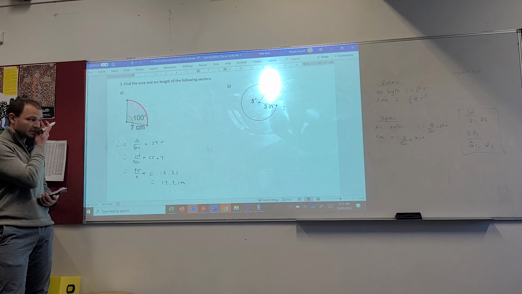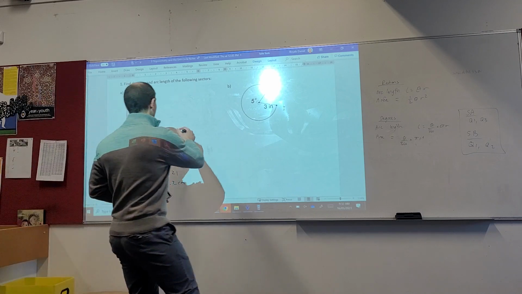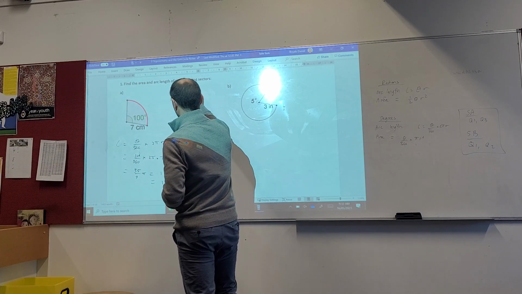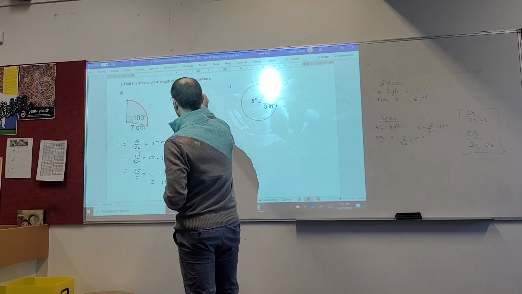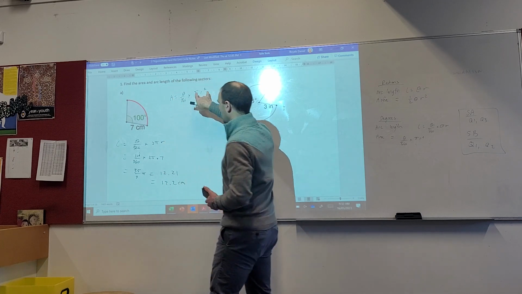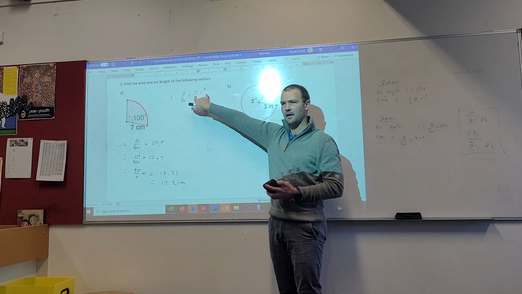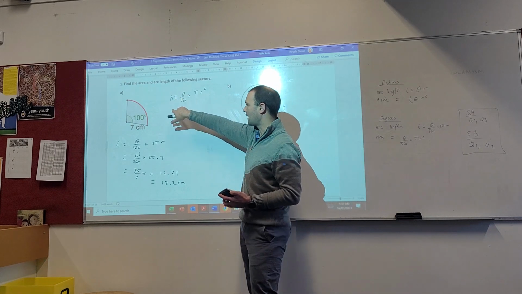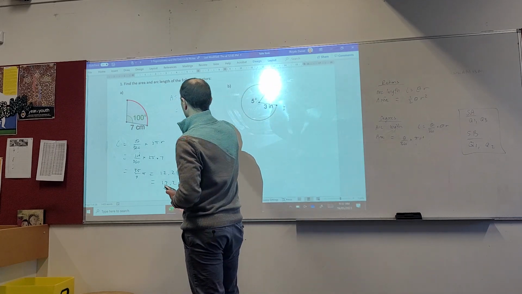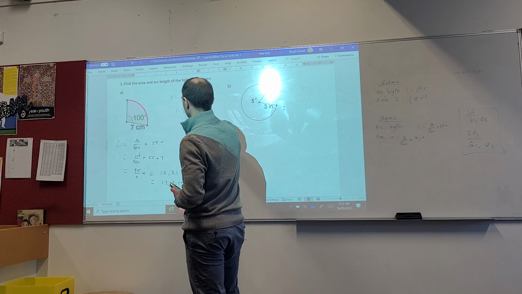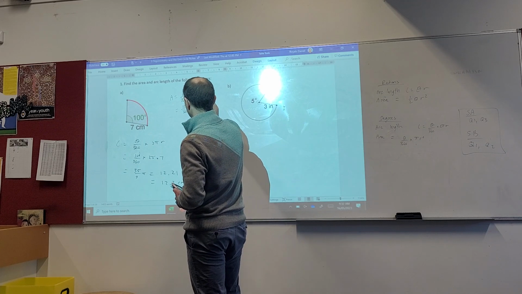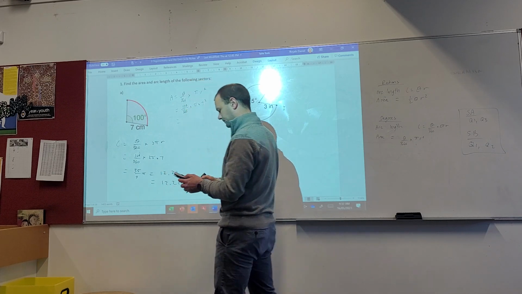Okay, let's do the area next. So the area of a sector in degrees is equal to theta on 360 times pi r squared. Again, pi r squared is the formula for the area of a circle, and we have a fraction of a circle. Just sub in the information and crunch it.